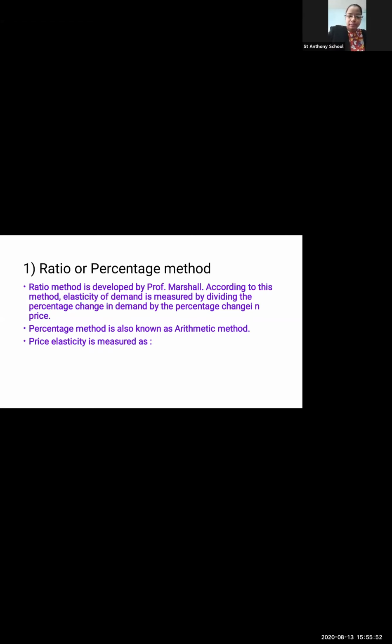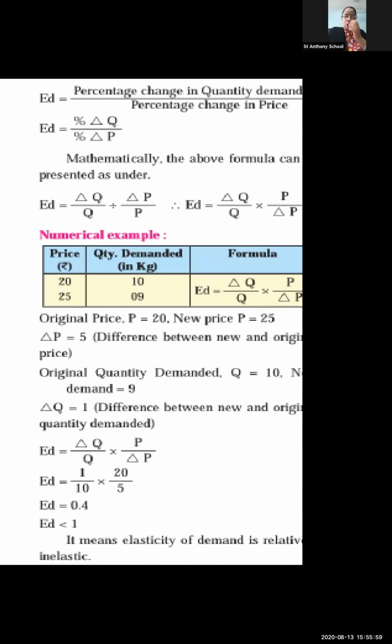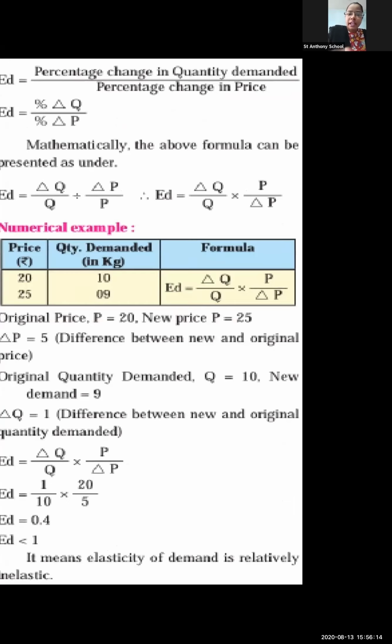Next thing. Now what is the formula? As I already told you, ED, E will be capital, D will be small. This stands for elasticity of demand is equal to percentage change in quantity demanded upon percentage change in price. Then you have to write it symbolically.